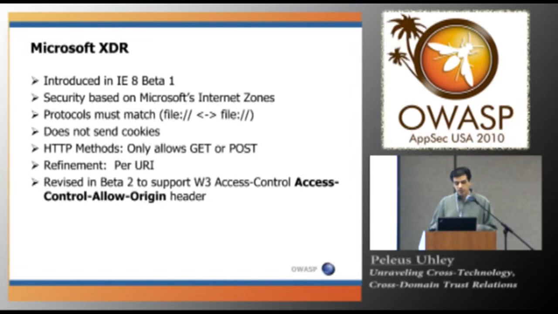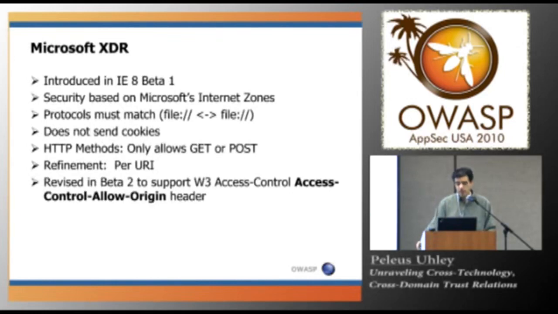Some camps believe that you should go ahead and add cookies to the cross-domain request because that allows you to do authentication and authorization checks. In other scenarios, they believe that cookies shouldn't be sent with the cross-domain request because that increases the amount of risk that they might be echoed back in the response, and why send them if you can avoid it.